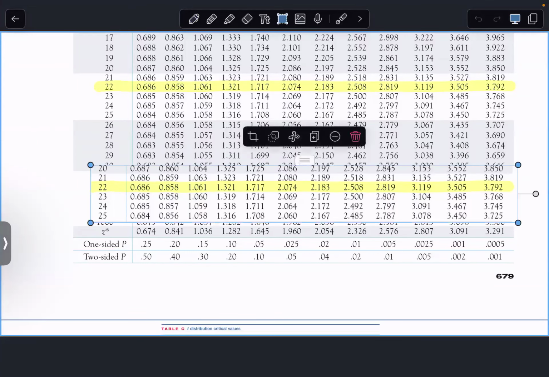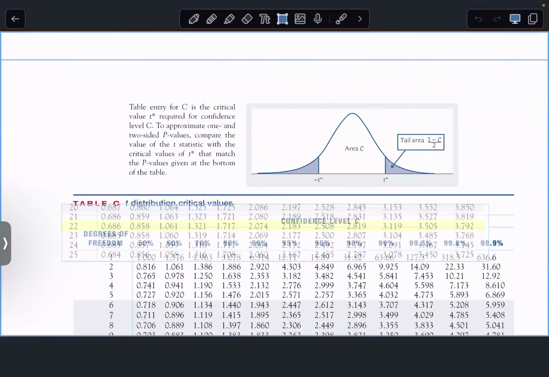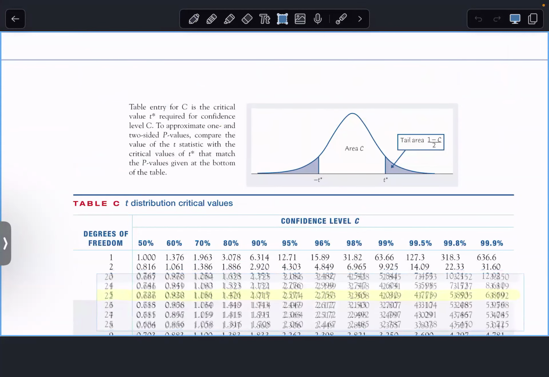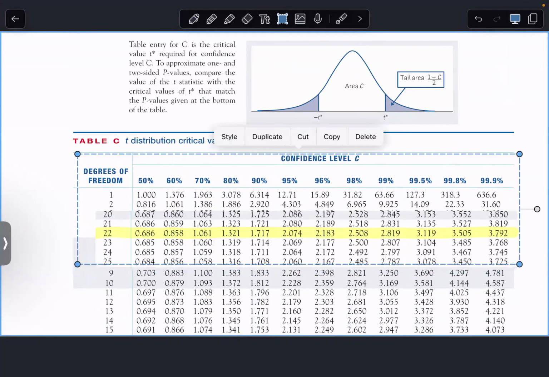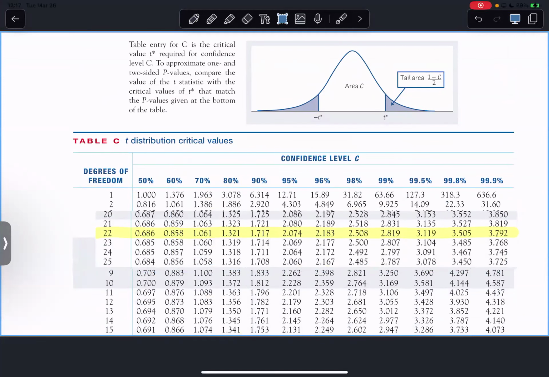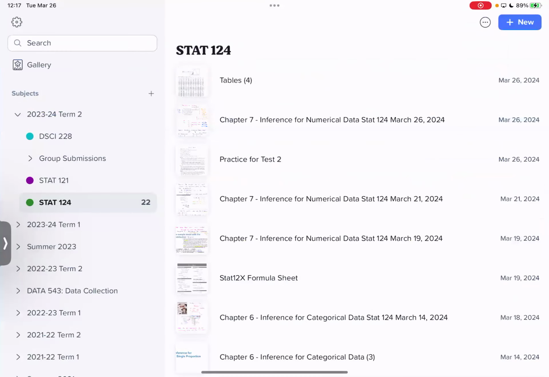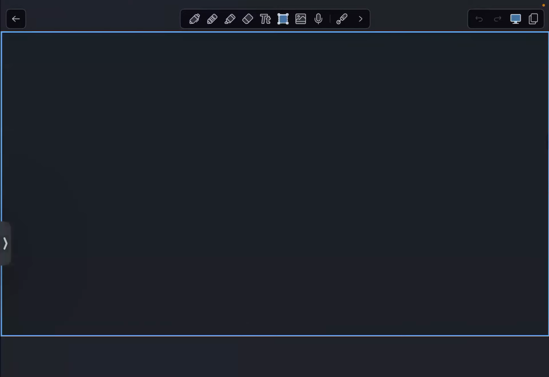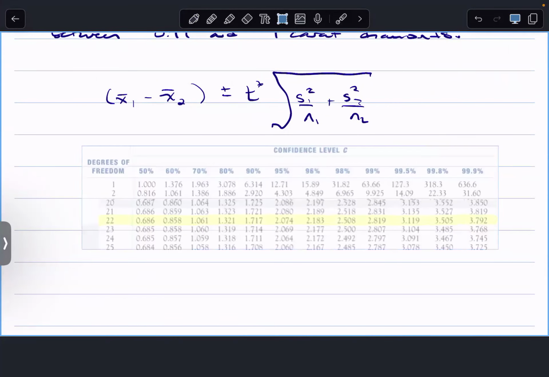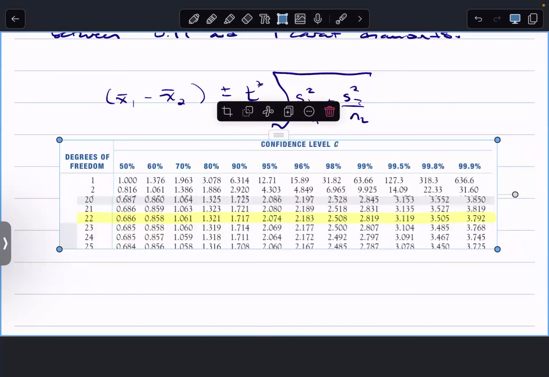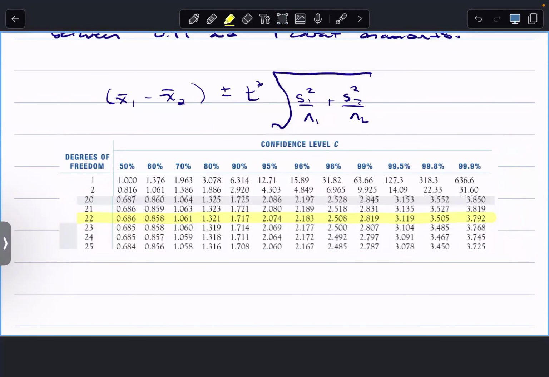So now I'm going to take my little screenshot and take it somewhere else. Bring this in, copy. And it's the only thing missing. Everything else we have, right? I want to make a 90% confidence interval.